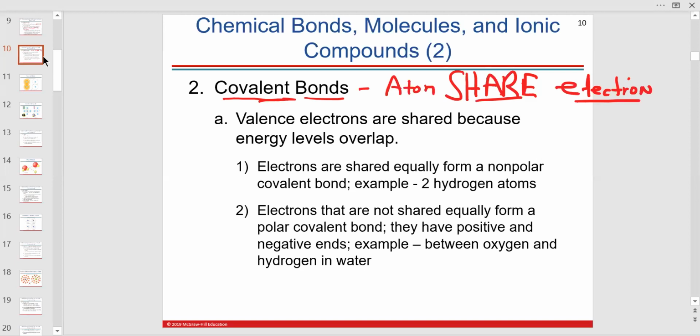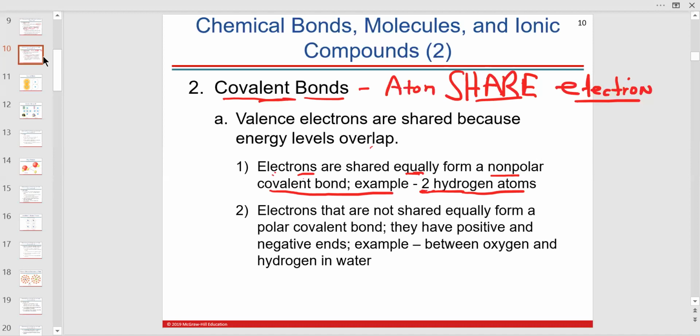And there are two different types of sharing, which is important. In this case, electrons are shared equally, which means they're both using the same electrons to share, like two hydrogens. I can't say that's water, because water is definitely not sharing equally.